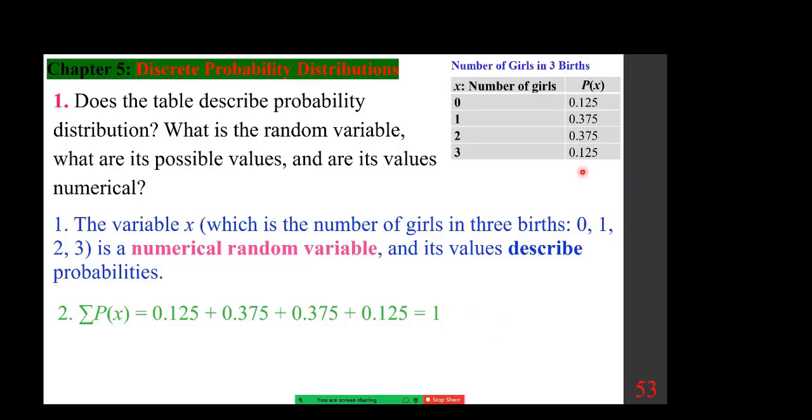So if you add them up, it's either 1 or extremely close to 1. This part is fine. And the other one is that each value must be between 0 and 1. Can it be negative? No. Can it be more than 1? No.